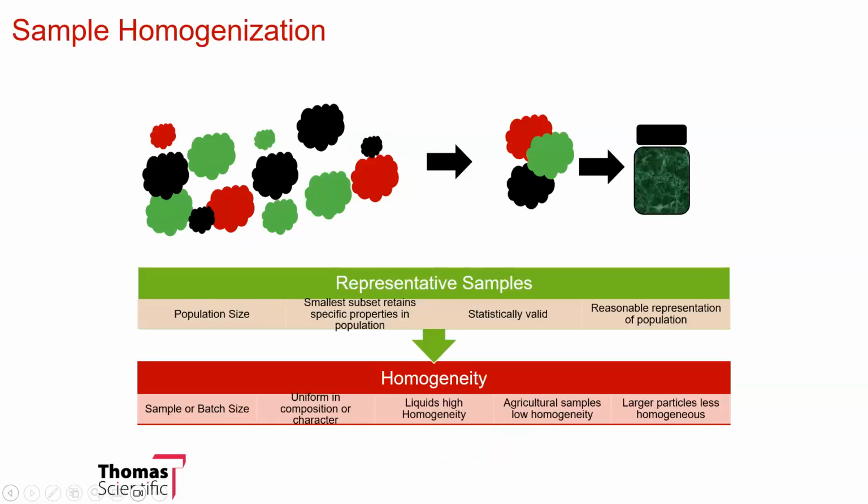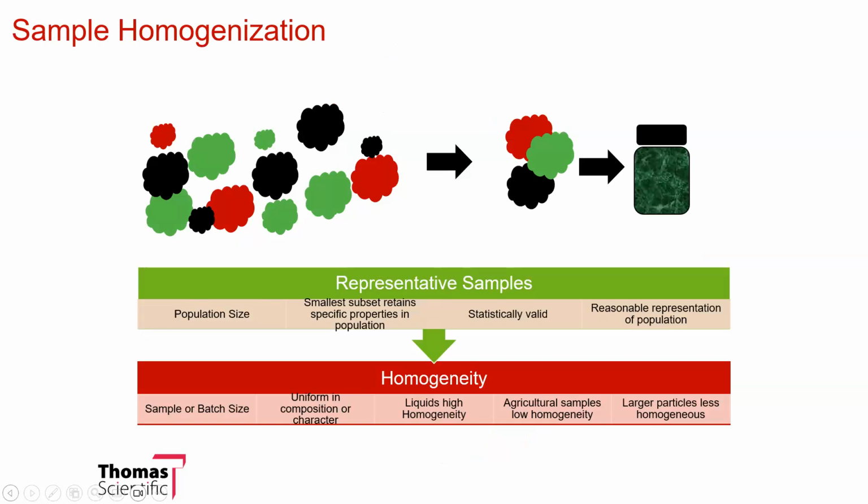The first thing that you have to understand is that sample homogeneity means that it is uniform across the entire batch or sample. When we talk about representative samples, that's slightly different. Representative samples reflect a population size, and it's the smallest subset of a population that still retains the property of the bigger population.